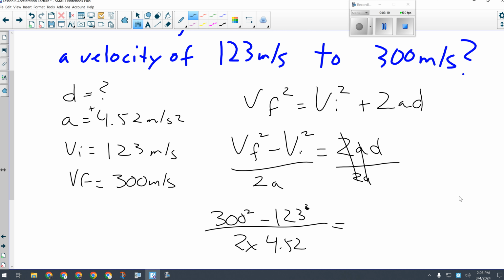Tomorrow, after the quiz, we're going to be doing our lab on acceleration. It's a pretty straightforward lab. You're going to run a cart down a ramp. We're going to use the little app that we had for the last one to record its speed over the course of that length of time. We'll be graphing some velocity versus time graphs, to get a little bit of review, because it's been a while since we did that, before we move on to projectile motion, probably Wednesday or Thursday, depending on how the acceleration quiz goes tomorrow.